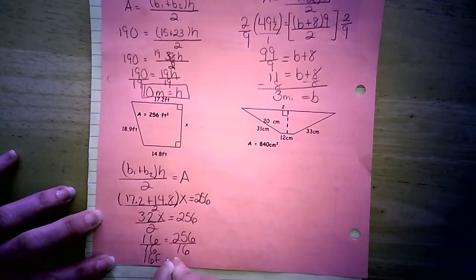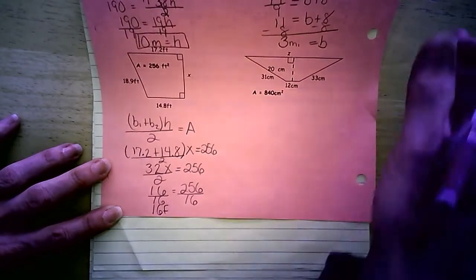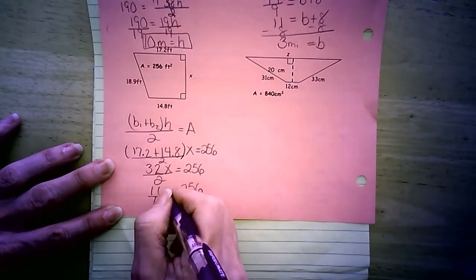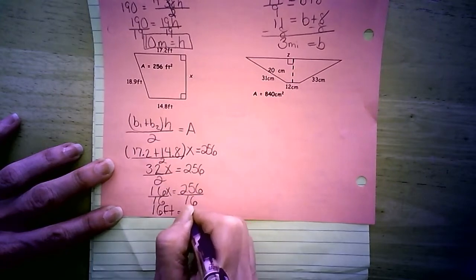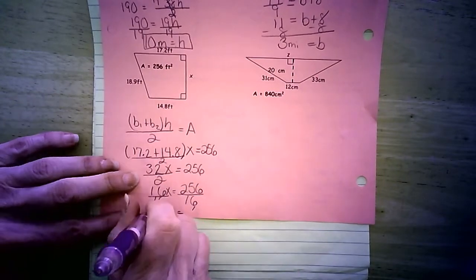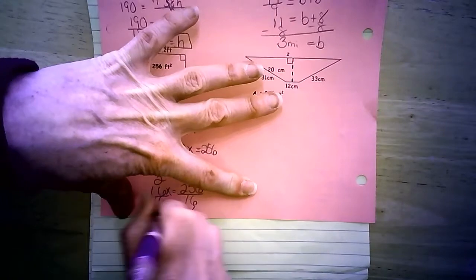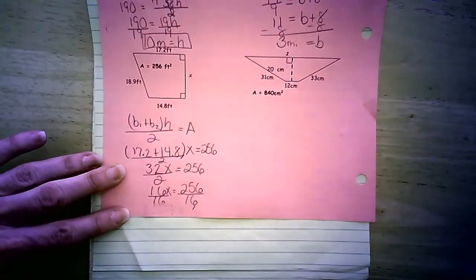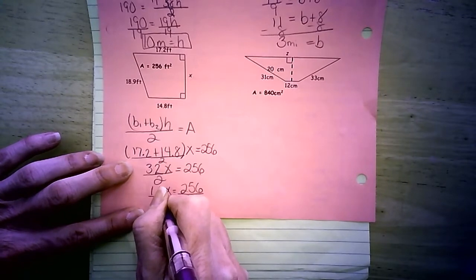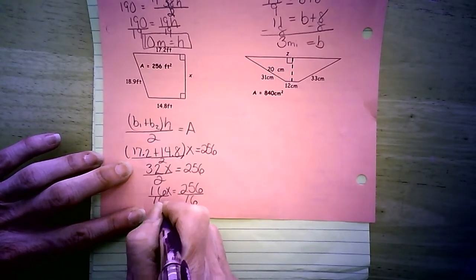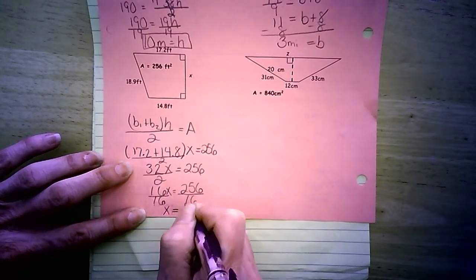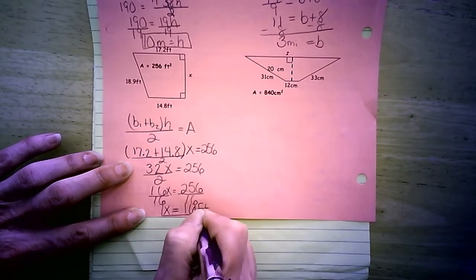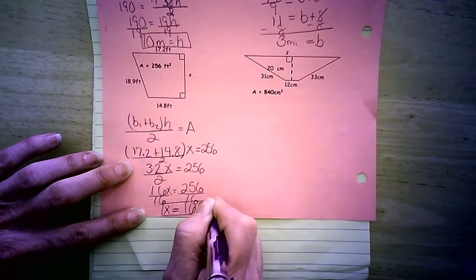So 16 feet, here we go, sorry about that, is equal to x. Oh, I've got to write that correctly. X is on the left side. We're going to keep it on the left. So x equals 16 feet. 256 divided by 16 is 16.